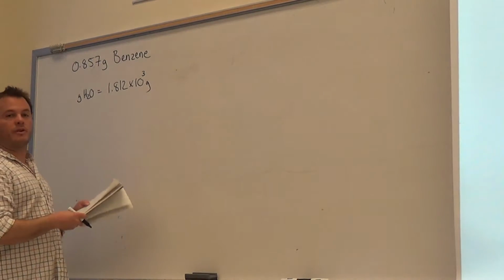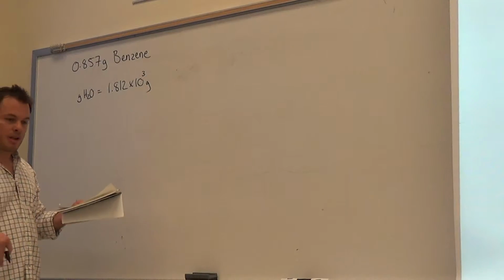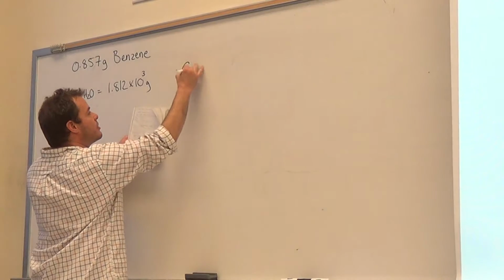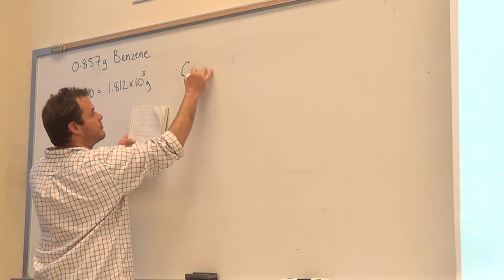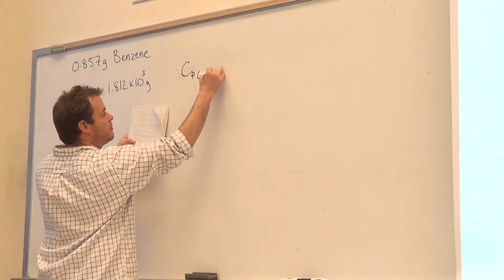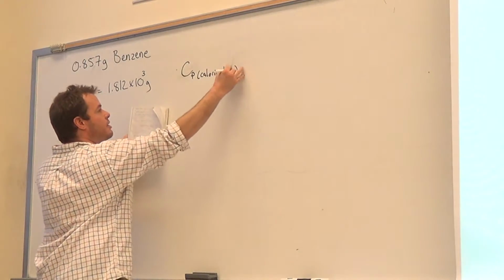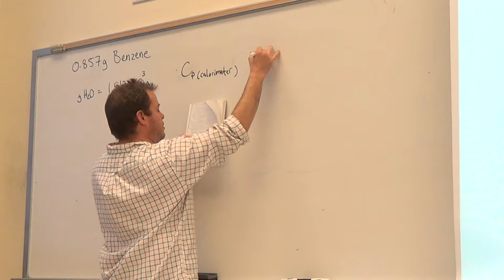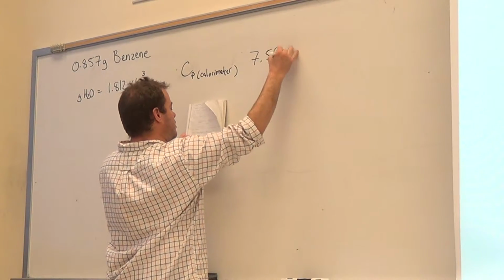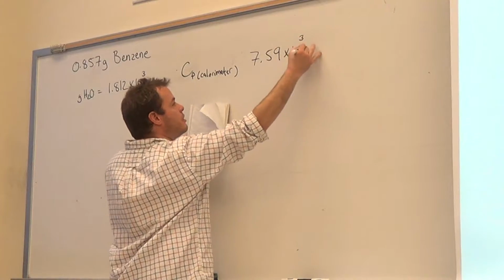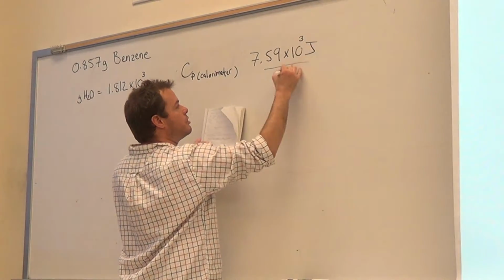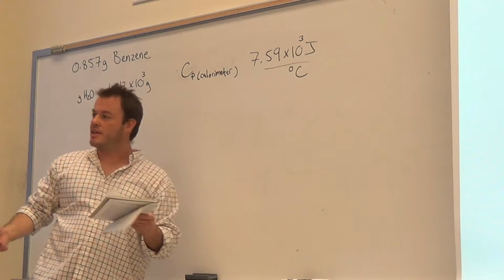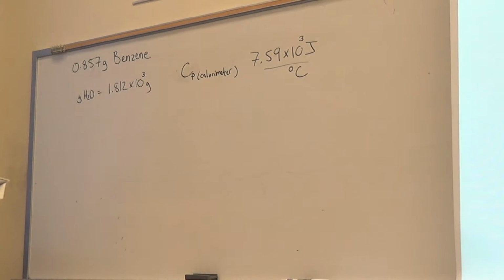There's a calorimeter, and we've measured the calorimeter by dumping a known amount of energy into it and monitoring its change in temperature. The calorimeter has a measured heat capacity of 7.59 times 10 to the third joules per degree Celsius. Degree Celsius is the same thing as degree Kelvin, same size.